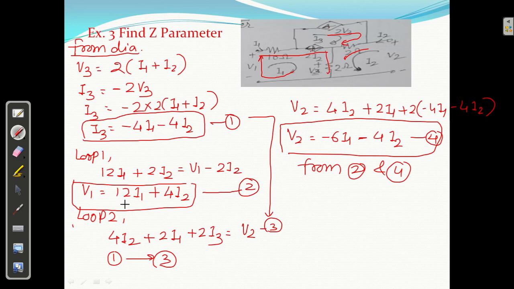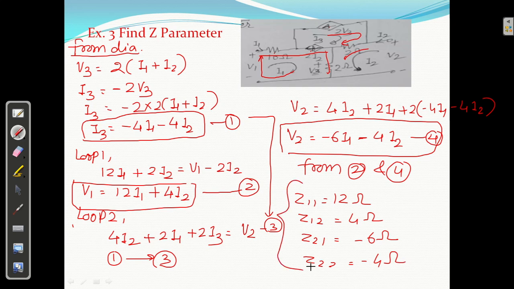V1 equal to Z11 I1, so Z11 is 12 ohm, plus Z12 I2, so Z12 is 4 ohm, and V2 equal to Z21 I1, so Z21 is minus 6 ohm, and Z22 I2, so Z22 is minus 4 ohm. So these are the values of Z parameter. Z11 is 12 ohm, Z12 is 4 ohm, Z21 is minus 6 ohm, and Z22 is minus 4 ohm.